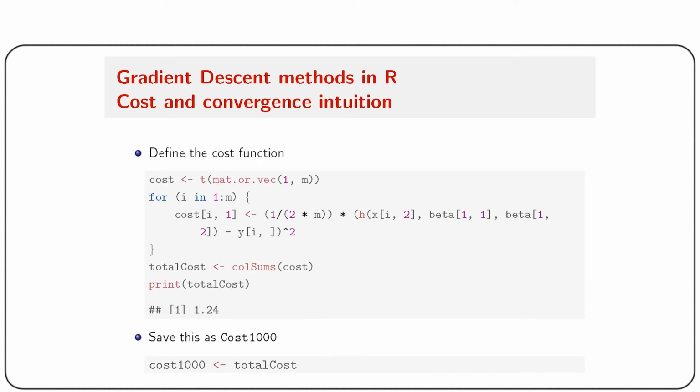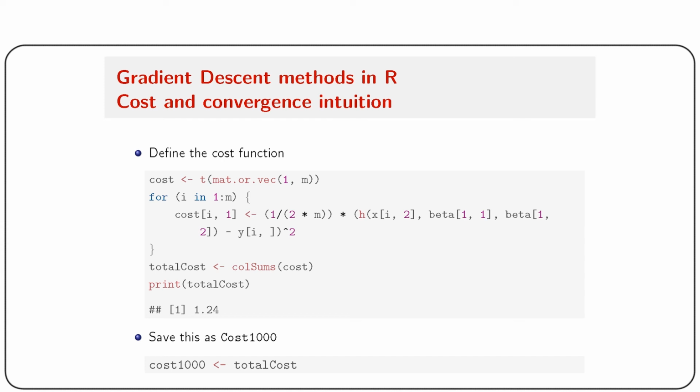Then define the cost function: total cost for i equals 1 to m, cost i equals 1 by 2m into h(xi, beta) minus y squared, the expression that we already discussed as the cost function. The total cost equals the column sum of cost, and printing the total cost, it comes to around 1.24.